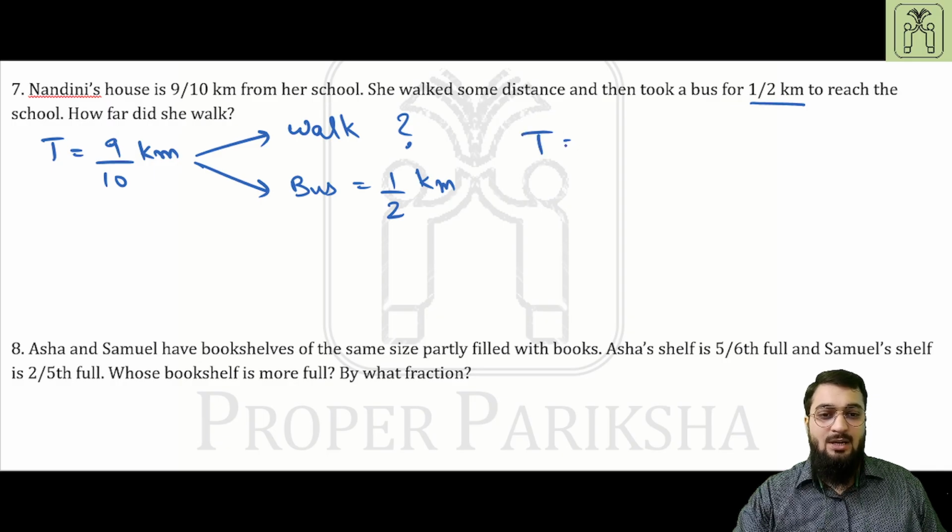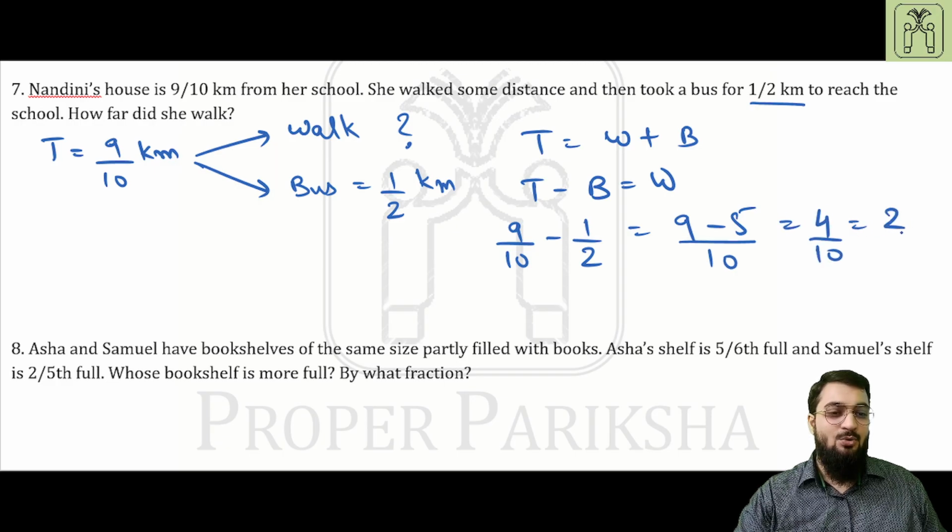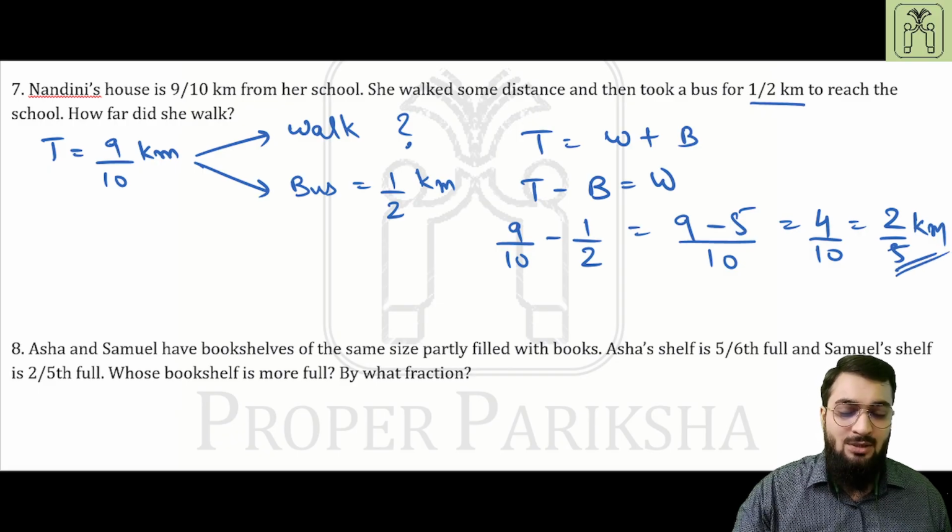That will be t is equal to w plus b, and we need to find w, therefore t minus b is equal to w. So 9 upon 10 minus 1 upon 2, taking the LCM, that will make 9 minus 5 upon 10, and that is 4 upon 10, or 2 upon 5 kilometer in total she walked.